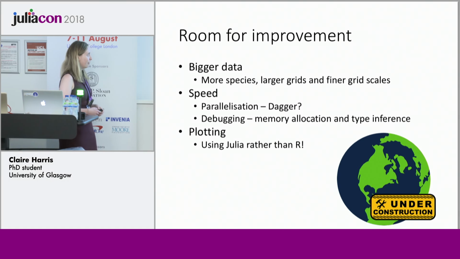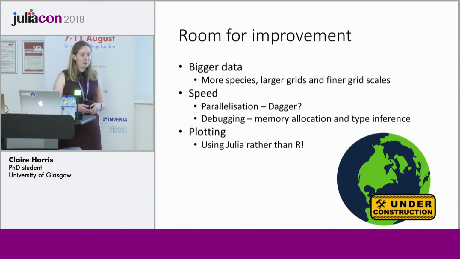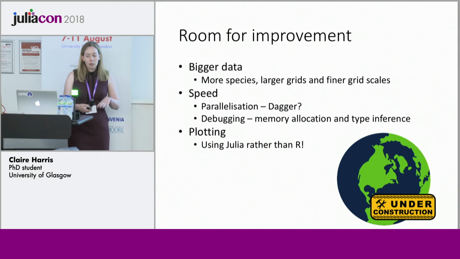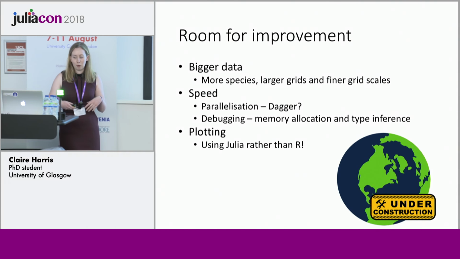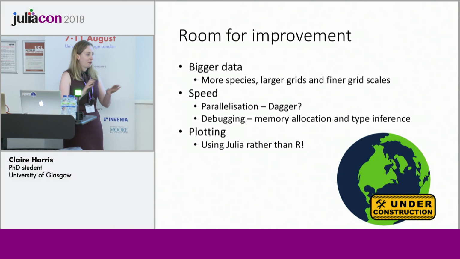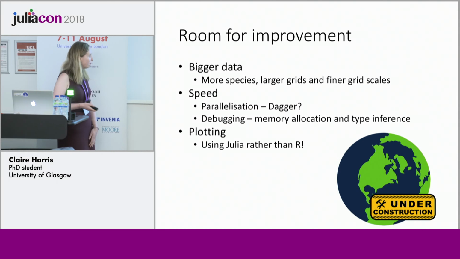One in particular is parallelizing things properly. Not being a native programmer, I find this concept a bit difficult, but not just having individual simulations running on cores, lots of them at once, but maybe parallelizing across the grid cells so that they're updating at the same time.